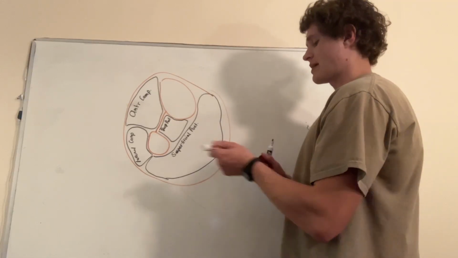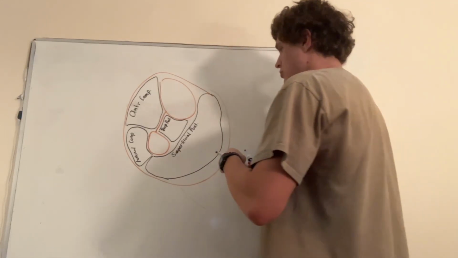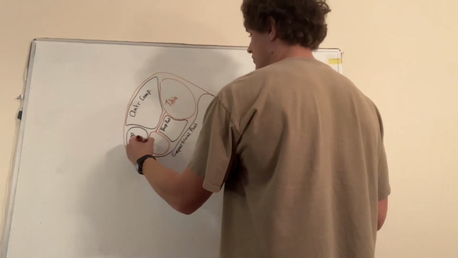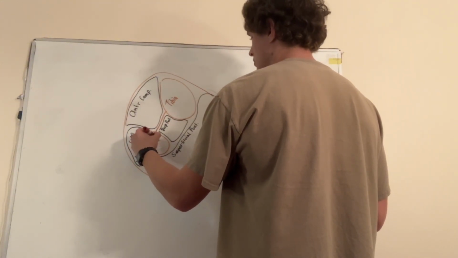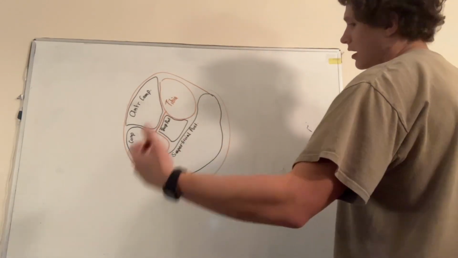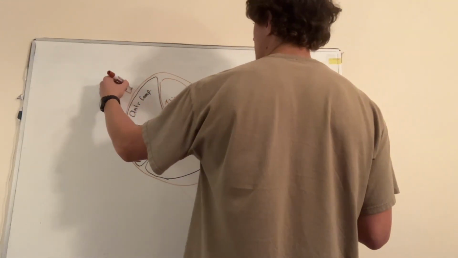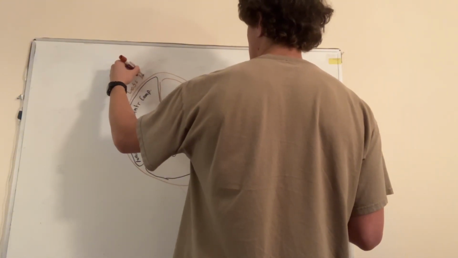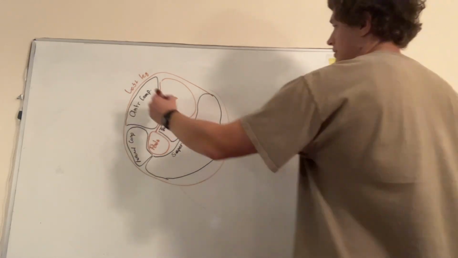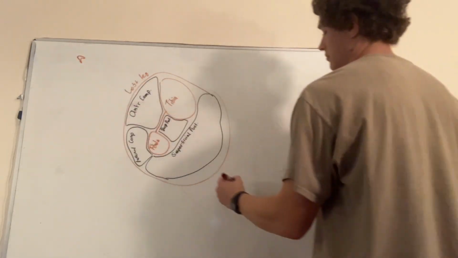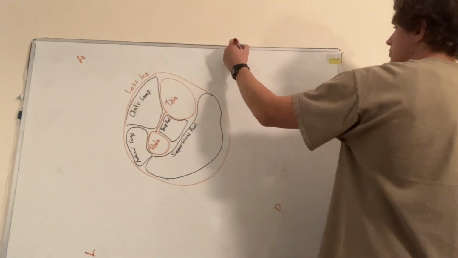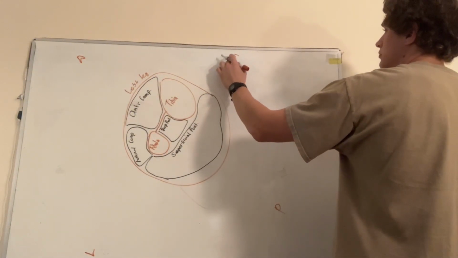These 2 brown things are the tibia and the fibula, meaning that this would be a cross section, if we're looking from the top down, of a left leg. Obviously this would be the posterior aspect, and this would be the anterior aspect, with that here being lateral, and then here being medial.